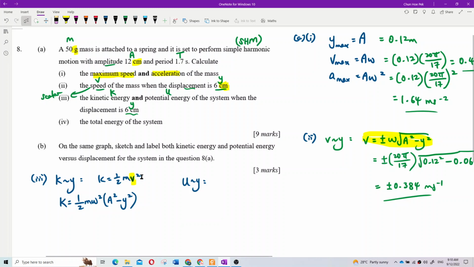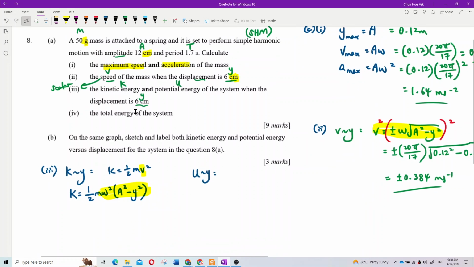So now your v gets squared. Square this whole thing, then you get this. You see, omega square, and then the square root is also gone. That's how we derive it. Understand, class? Understand, sir.